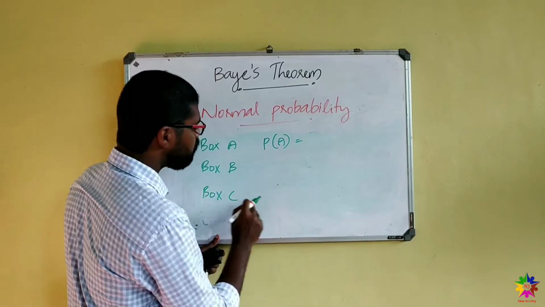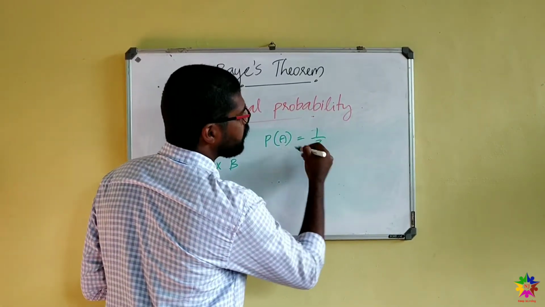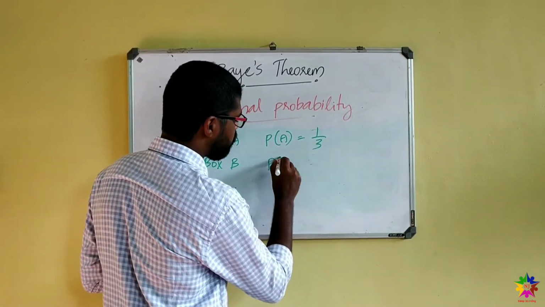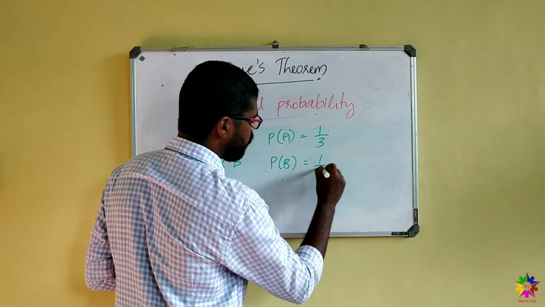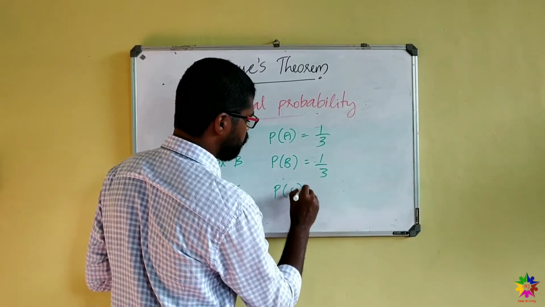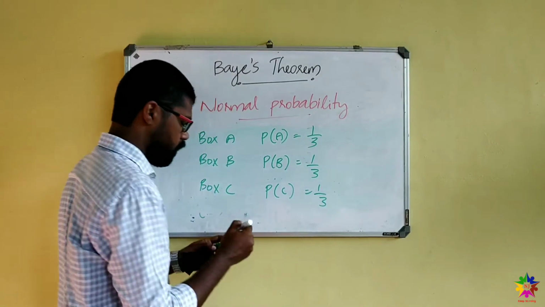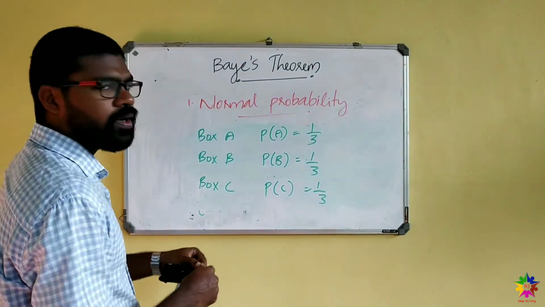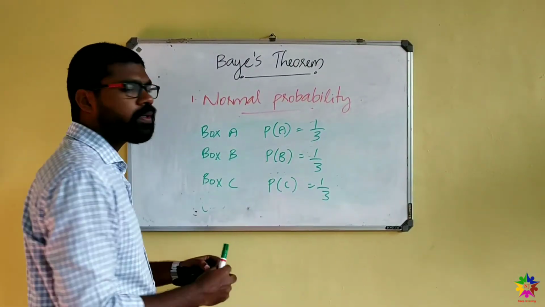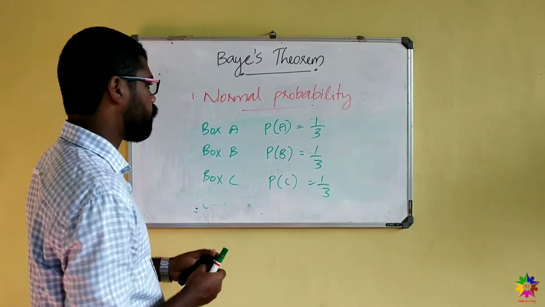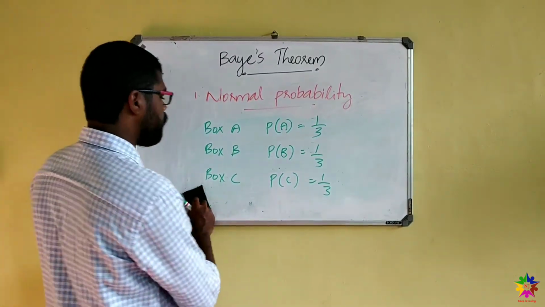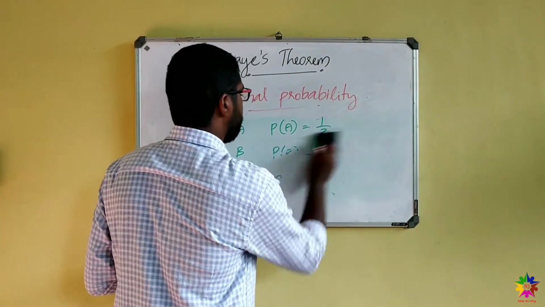Since we have three boxes, it will be 1 by 3. Likewise, probability of B will be 1 by 3 and probability of C will be 1 by 3. When you add these probabilities together, you will get 1, that is, the total value of probability will be 1.